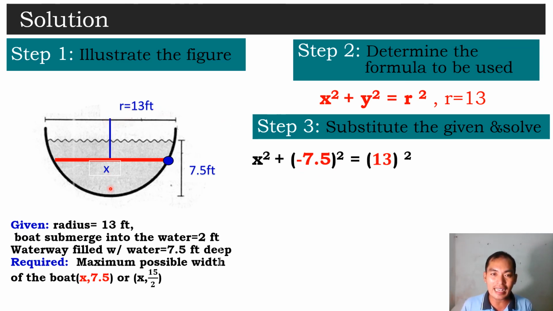Galing sa gitna hanggang sa pinakababa is 13. Pero ibabawas natin, sabi may tubig dyan. Pero pag nilagay yung bangka, ay magsusubmerge ng 2 feet. So therefore, itong 7.5, mababa yan. Okay? Mababa kasi magsusubmerge yung bangka. So, mababa siyang 2 feet.